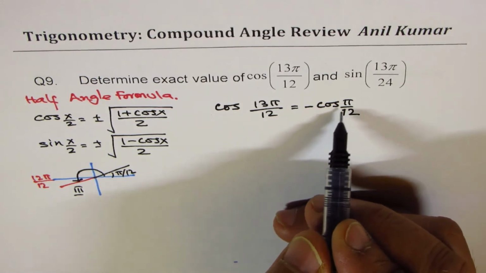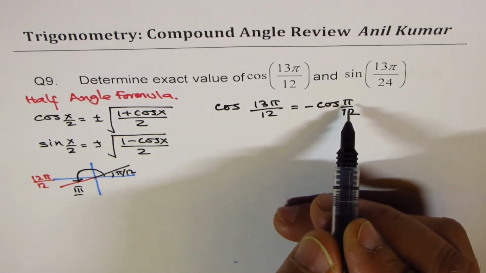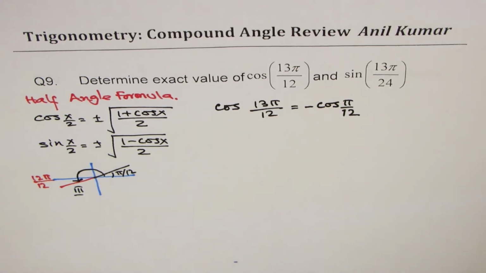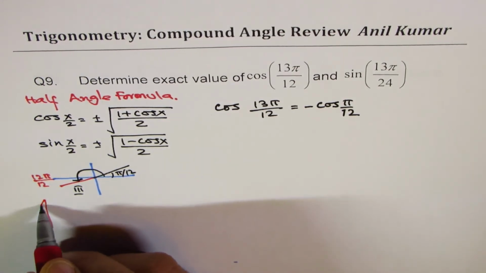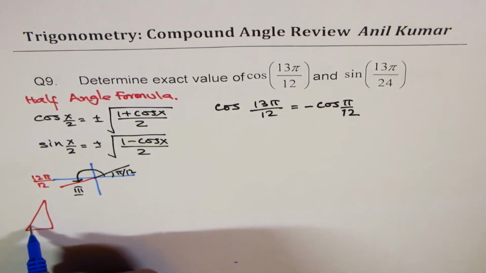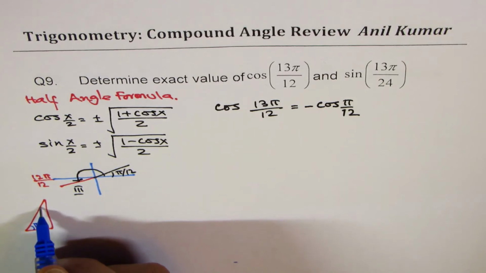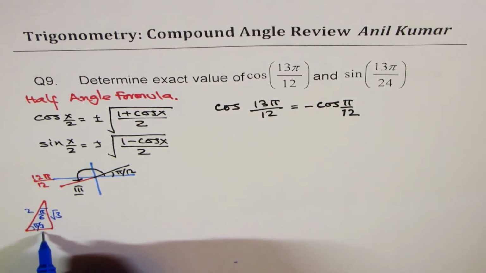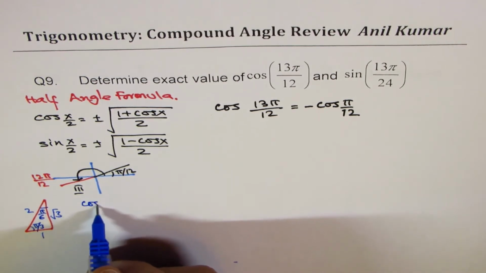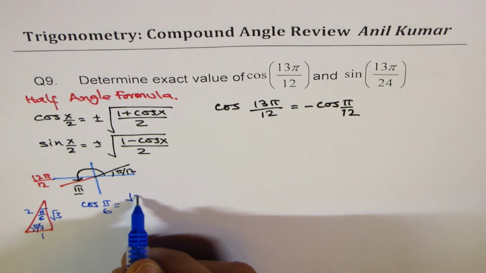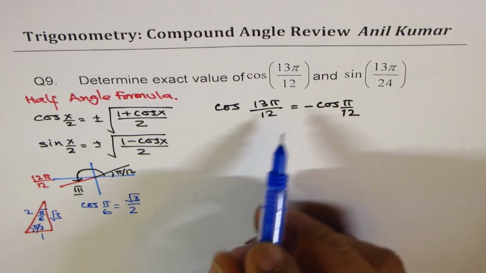So now pi by 12 is half of pi by 6. So let's make the pi by 6 triangle, which basically is pi by 3, pi by 6, with sides square root 3, 2, and 1. And we know cos of pi by 6 is basically square root 3 over 2, right?